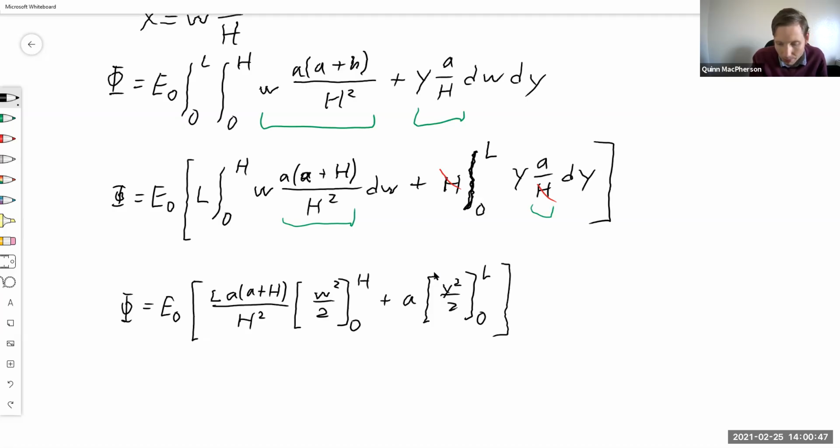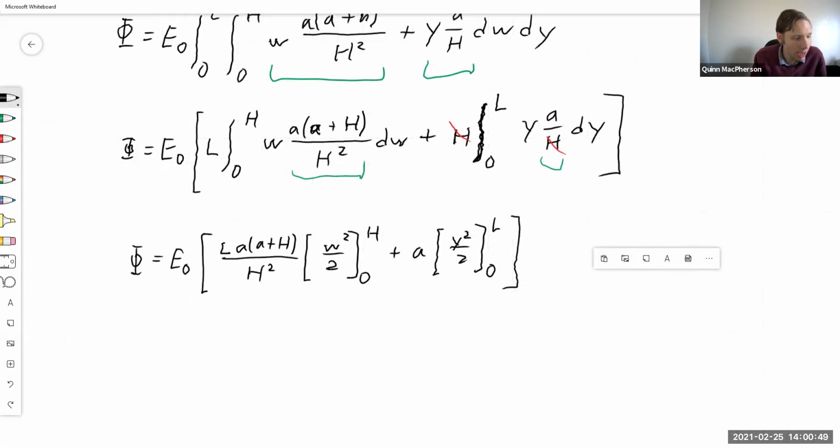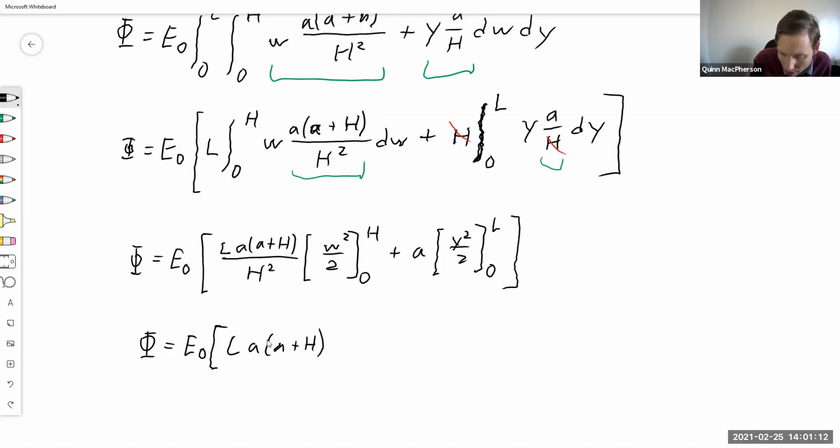You put in those limits, and when you put in 0, nothing happens. When you put in h here, this h kills that h. You put in this L here, it just becomes L squared. So phi is equal to E naught times L (a plus h) times 1/2, plus a times 1/2 L squared.